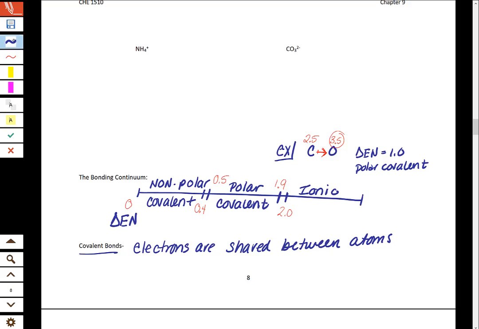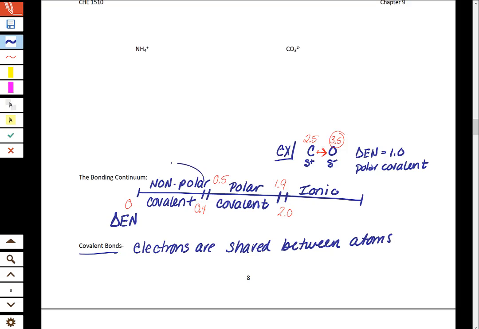The way you'll see this written is a partial positive, which I know doesn't look very nice. That's supposed to be my lowercase delta, which is kind of like an S, and a partial negative. So the more electronegative the atom, the more it wants that electron density on its side of the bond. And so they're not sharing equally.